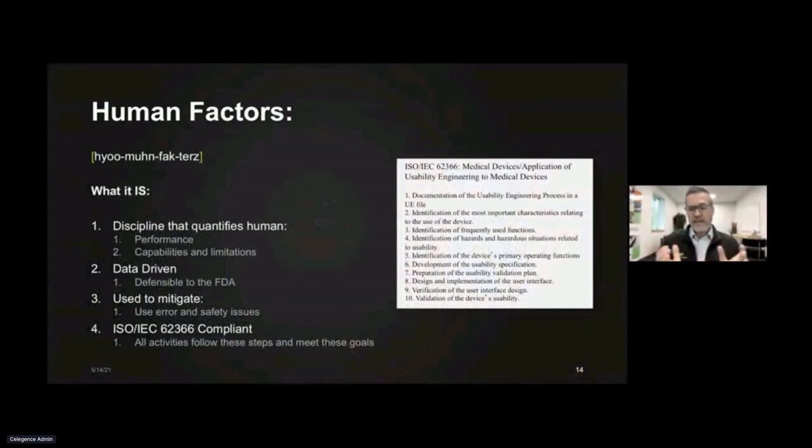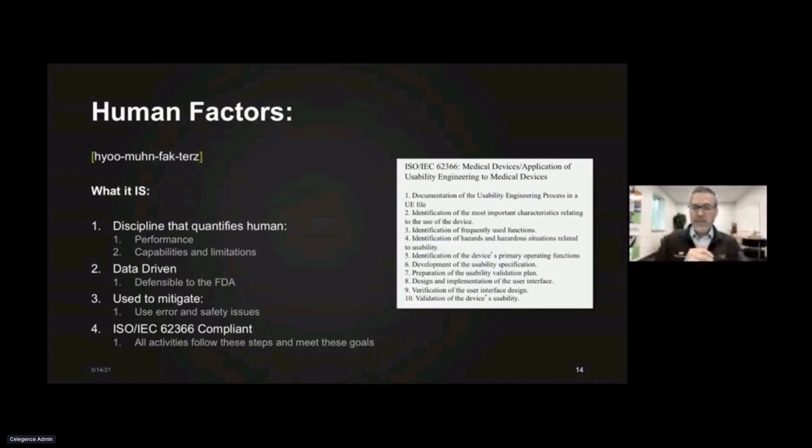So what is human factors? It's a discipline that quantifies human performance and capabilities and limitations, like we already defined in the definition. It's data-driven, meaning it's going to be defensible to a regulatory body, and it's used to mitigate use error and safety issues that arise from use error.